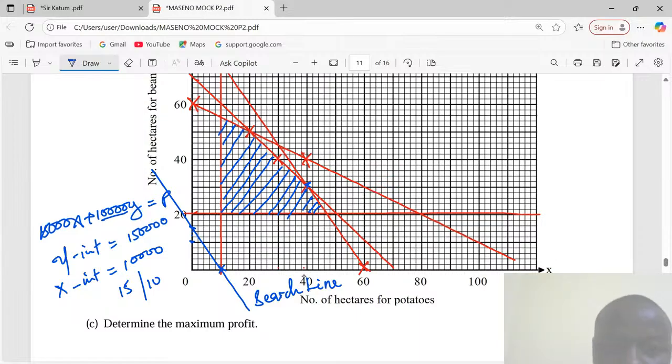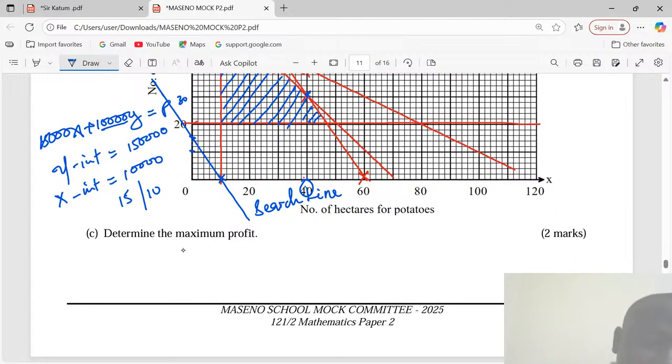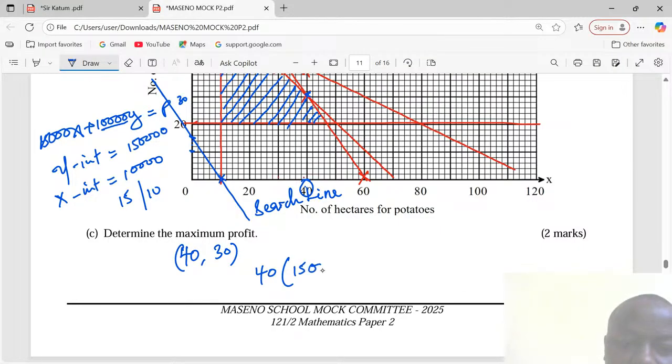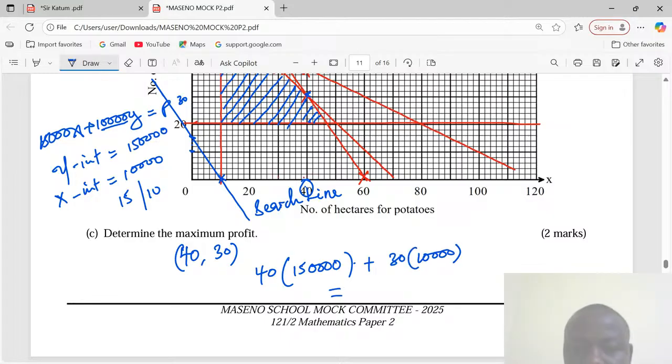This is 40 and this is 30. (40, 30), which means 40 by 15,000 per acre and 30 by 10,000 per acre. This will give us the maximum profit.